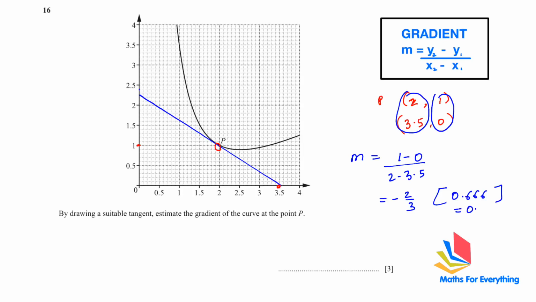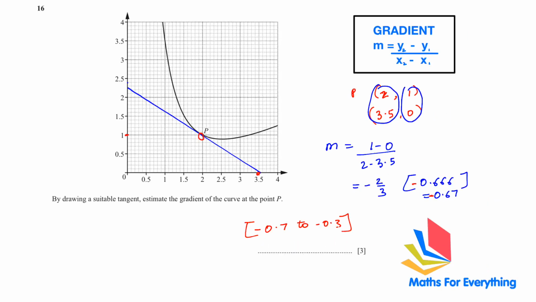So if you round it, you will get 0.67. So that's our gradient. If you have the answer between negative 0.7 to negative 0.3, you will be marked right. So very easy, 3 marks.